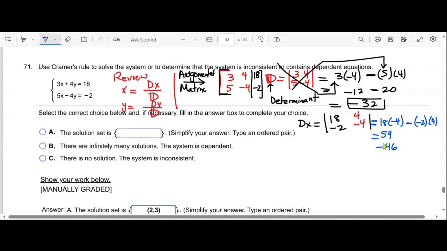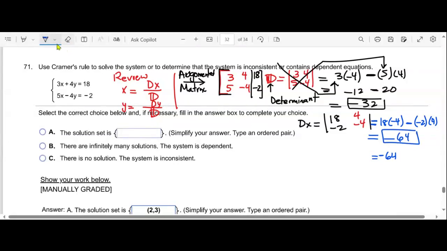Is it minus 46 or 54? I need a third person. 64. Minus 64, I mean 64. Okay, minus 64, not 46. Okay, good. Thank you, guys. So the answer here is minus 64.